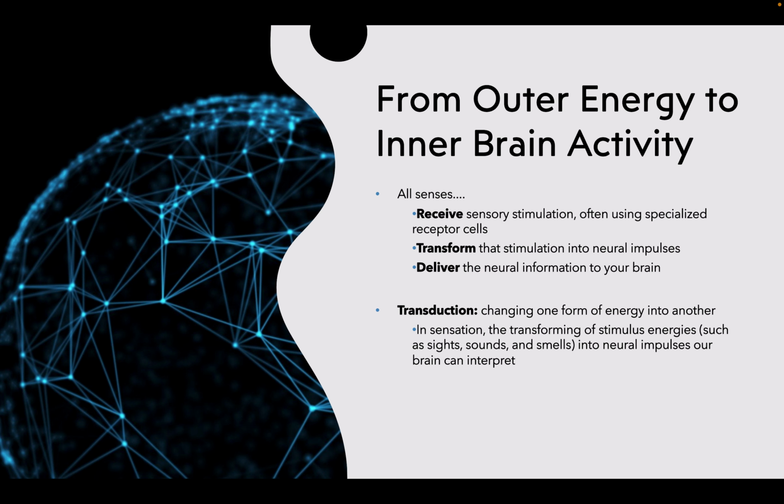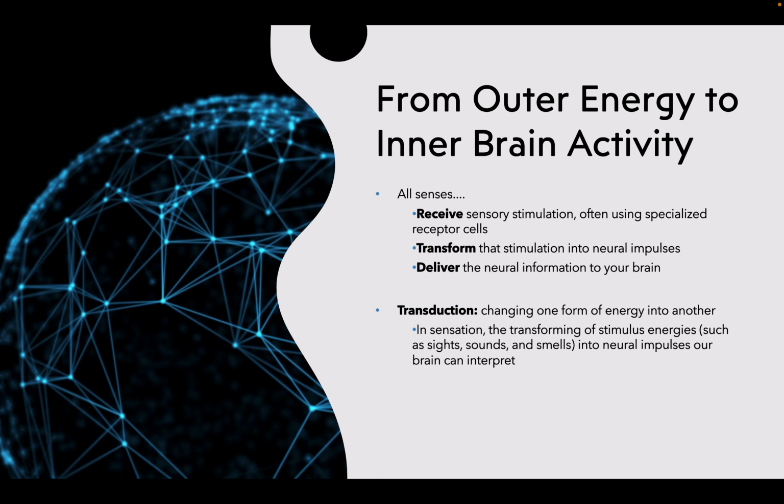This is often using specialized receptor cells, especially when it comes to our basic senses of seeing, hearing, smelling, tasting, and touch. So those are the basic ones. We receive the outer energy through the specialized receptor cells.